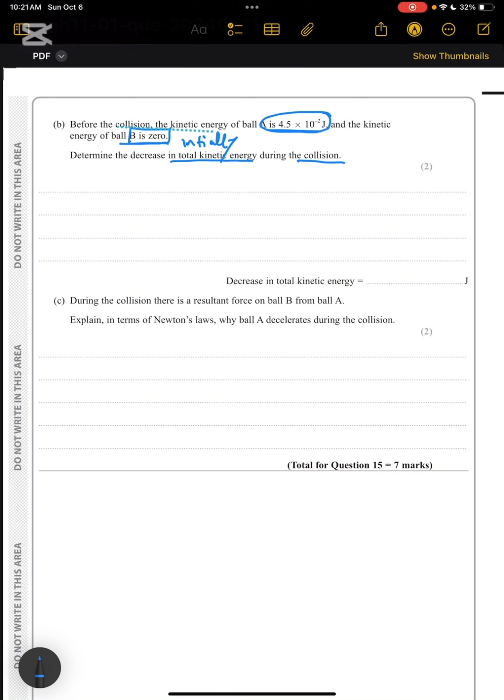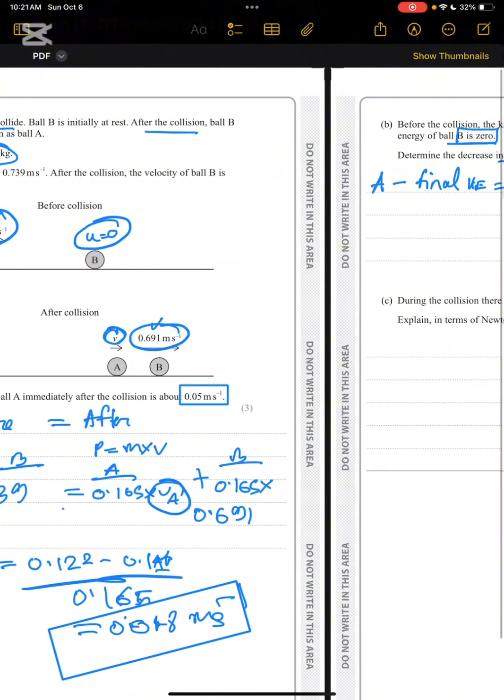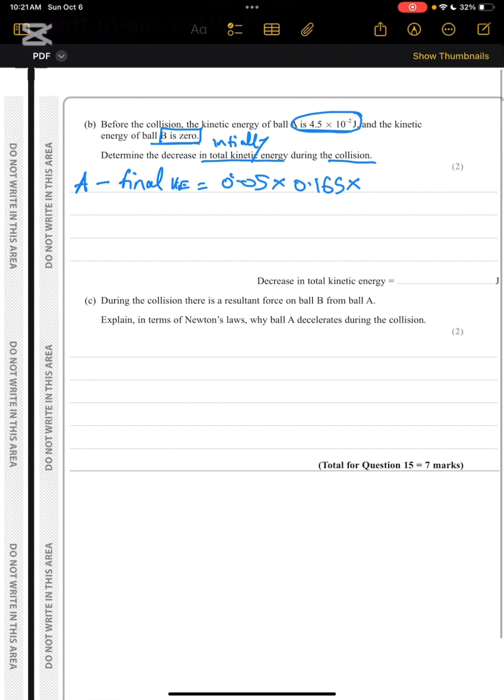So to find the final kinetic energy, we can find for ball A, final kinetic energy is equals to 0.5 into mass 0.165 into V square. The final velocity was 0.048. So we can say 0.048 squared. The answer will be 1.9 into 10 to the power minus 4 joule.